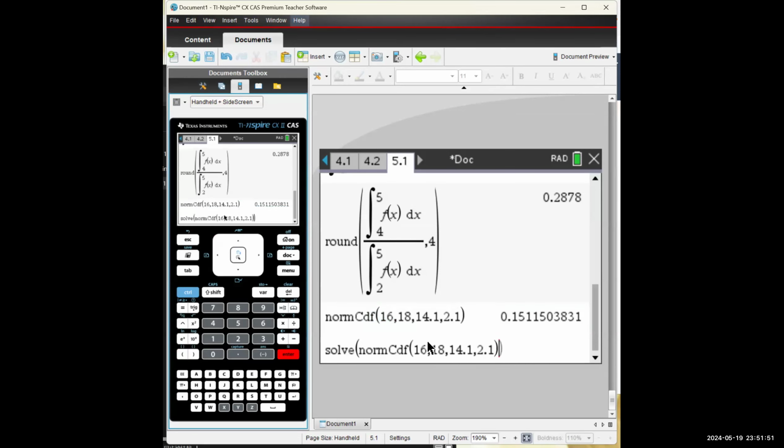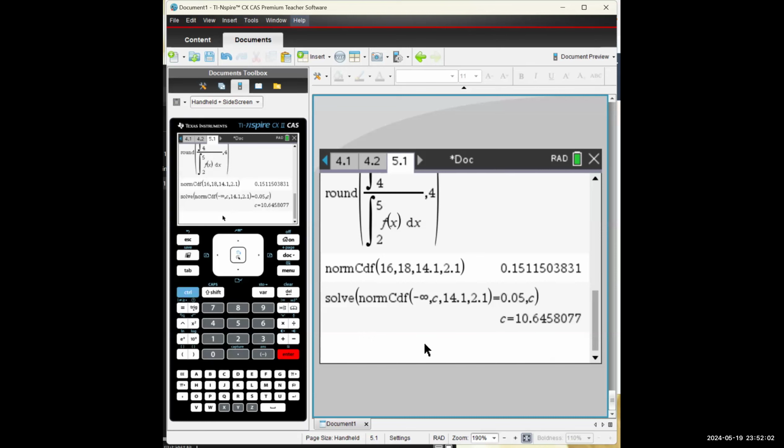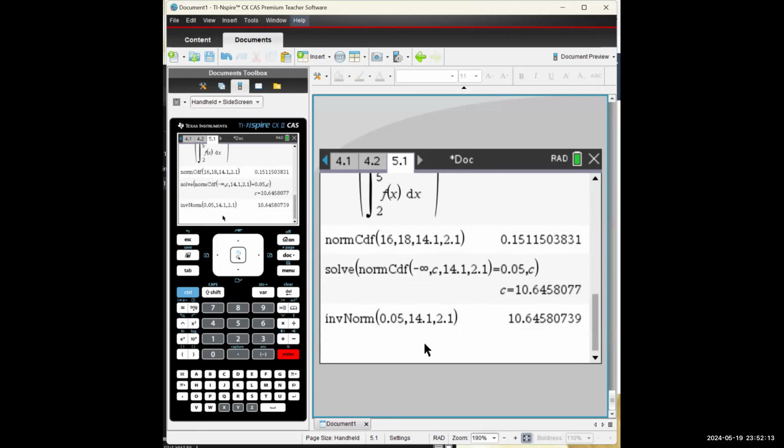I could either solve, from minus infinity to c, norm CDF equals 0.05, comma c, or inverse norm, 0.05, 14.1, 2.1. Pretty much the same thing, okay? Just a few digits off after the 5th or 6th digit, but it doesn't really matter because eventually we just look at the first decimal place. So the answer is 10.6 for your critical value.